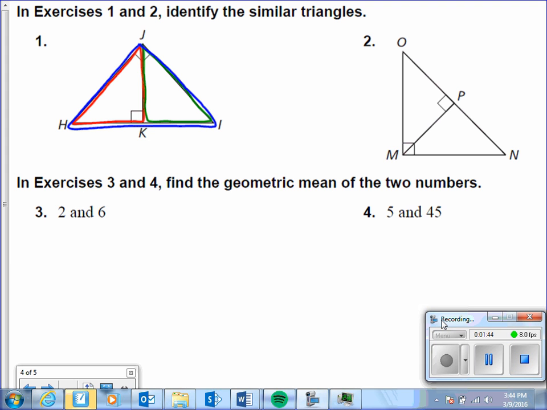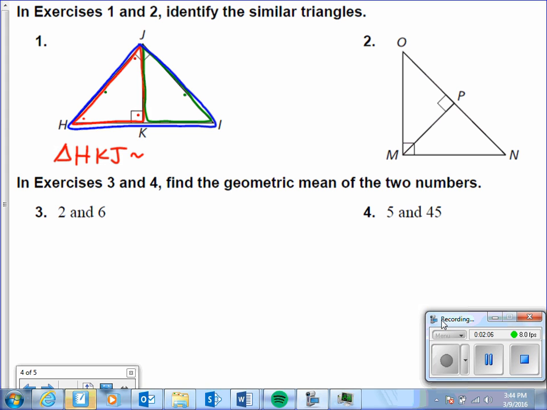Let's name the red triangle first. I'll call that triangle HKJ. And that's going to be similar to the one next to it. Now, these sides here and here are not the same.